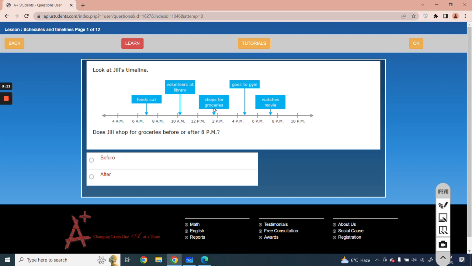Got it? So you have to see if it is before or after 8 p.m. It is before the 8 p.m. Got it? Because it is before 2, so 2 is before the 8. So yes, it is before 8. The option is before. Got it? Just select the correct option and click on the OK button.